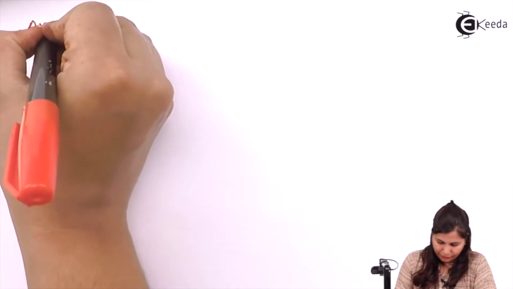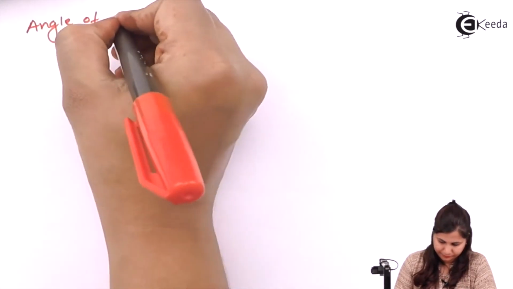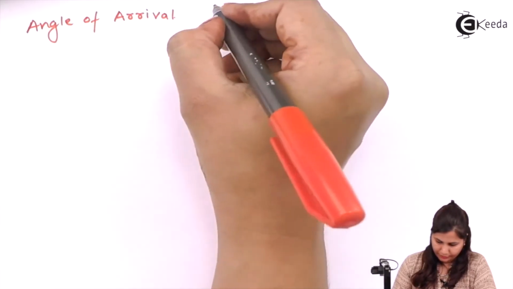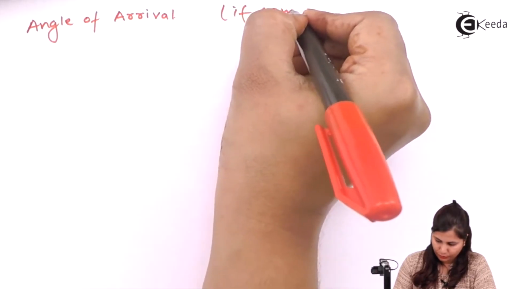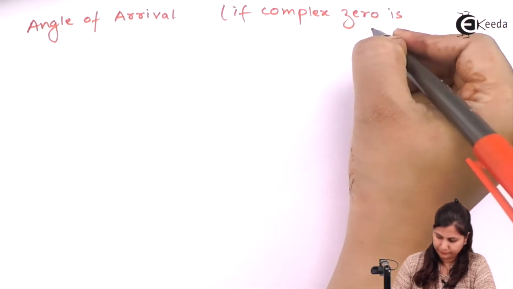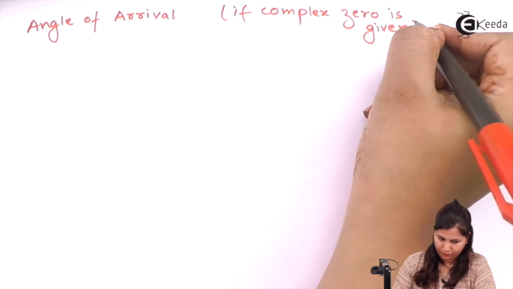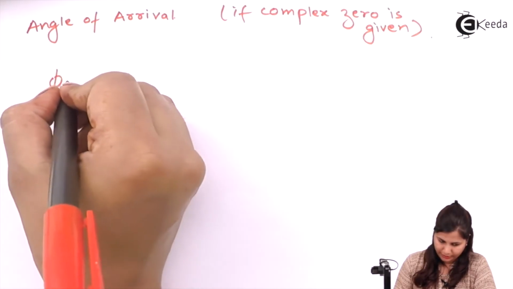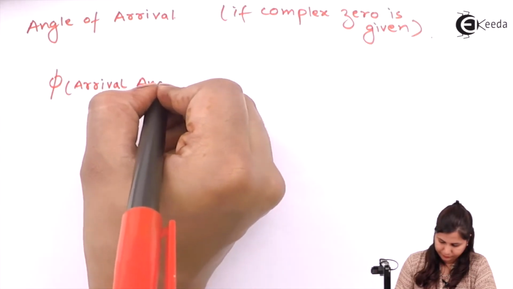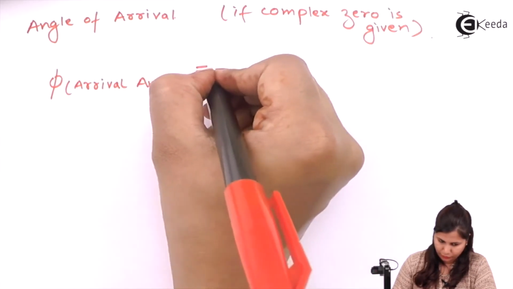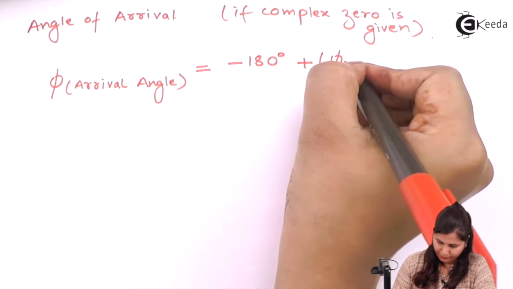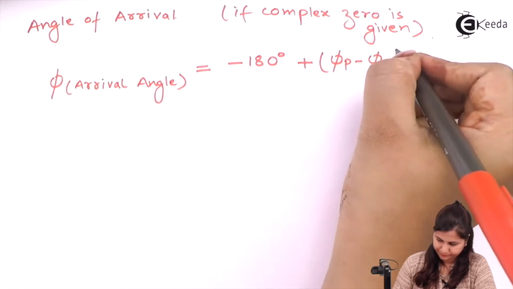So angle of arrival, if a complex zero is given to us: phi arrival equals minus 180 degrees plus phi p minus phi z.